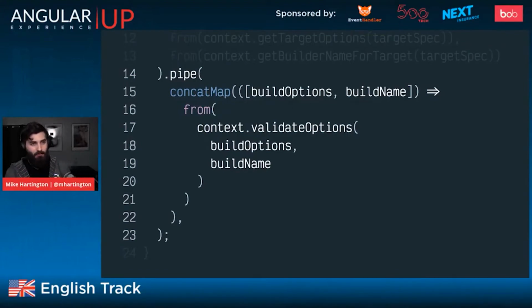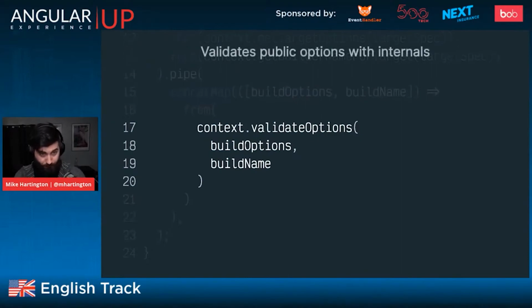Well, the builder should have a default value set for most of those options. And validateOptions is going to take the list of known options and then compare that against the list of default values provided by the implementer or provided by the schema. So once we have all of these options, we return them, validating public options with the internals.